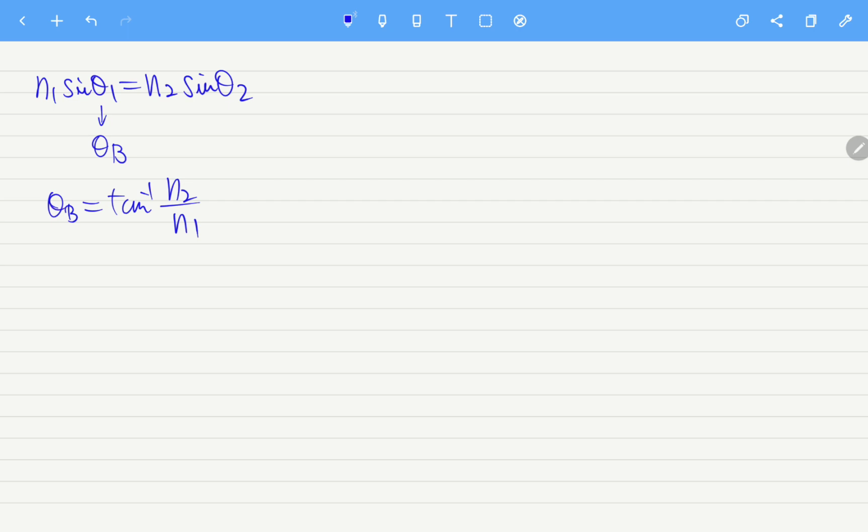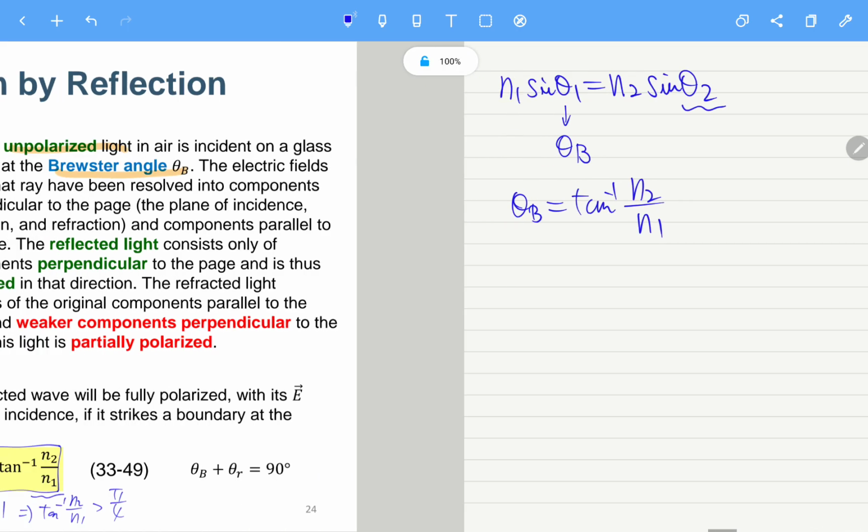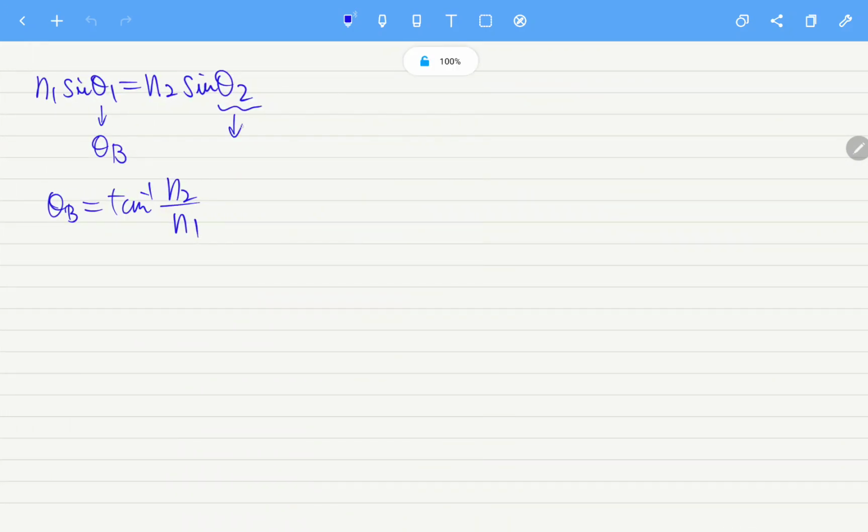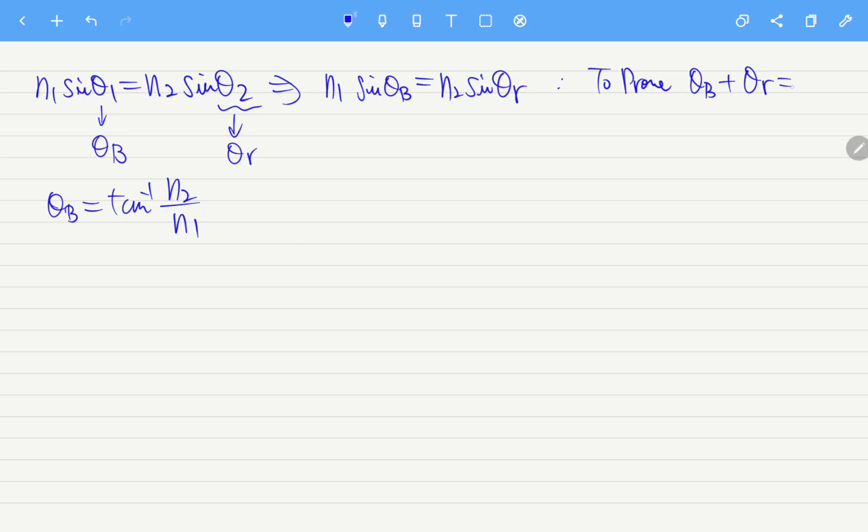Here we would like to find theta 2, which we call theta r. So let me rewrite it as n1 sine of theta b equals n2 sine of theta r. Here we would like to prove that theta b plus theta r equals 90 degrees, or pi over 2.